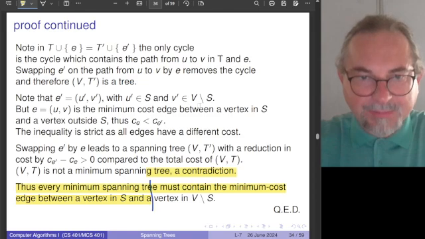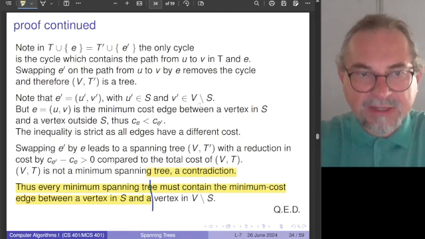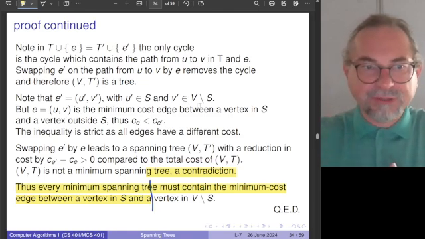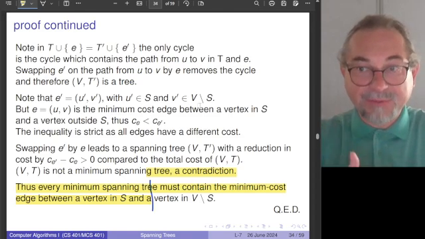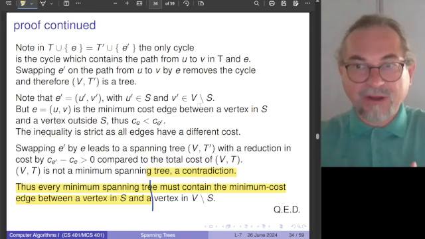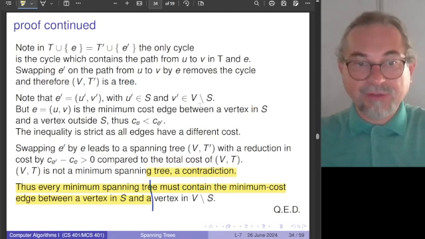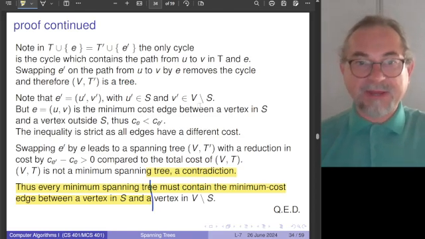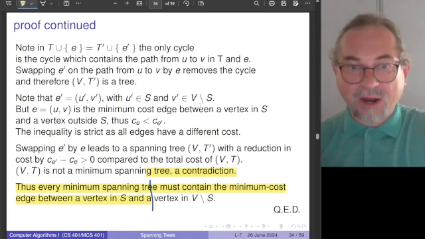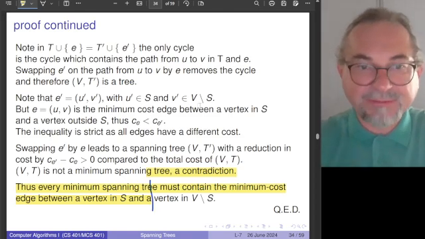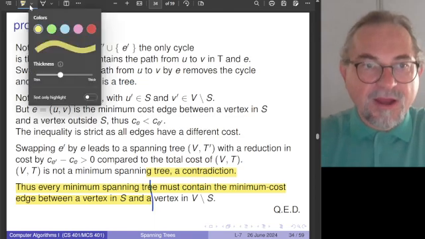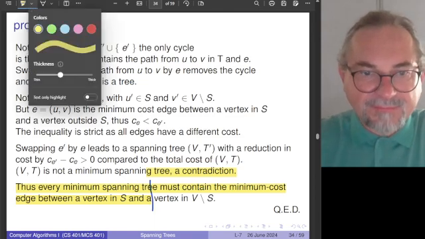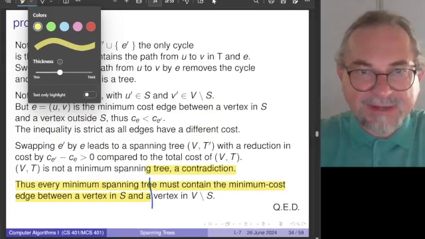If we swap in that T, we go to T prime, then actually we have that T prime is still a spanning tree because V prime can still be reached via V. So T was assumed to be the minimum spanning tree, and we have found a T prime that is a spanning tree. Okay. So sorry for the mishap with the erasing.